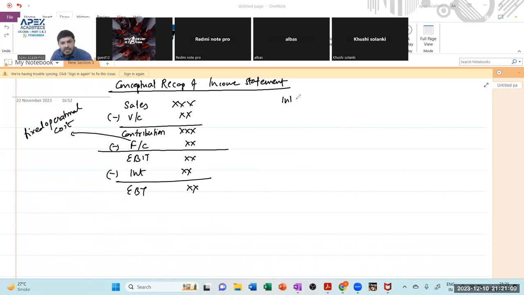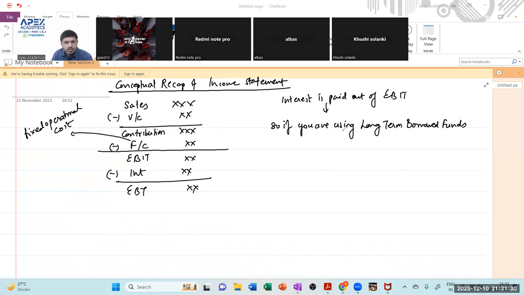Now, basically, interest is paid out of what? EBIT. So, if you are borrowing funds or if you are using long-term borrowed funds, you need to have sufficient EBIT to pay the interest.